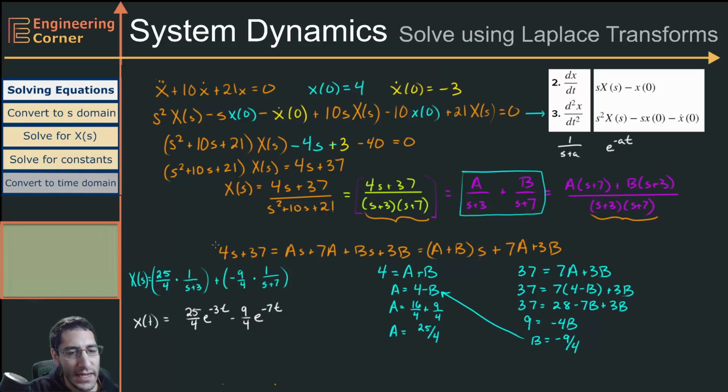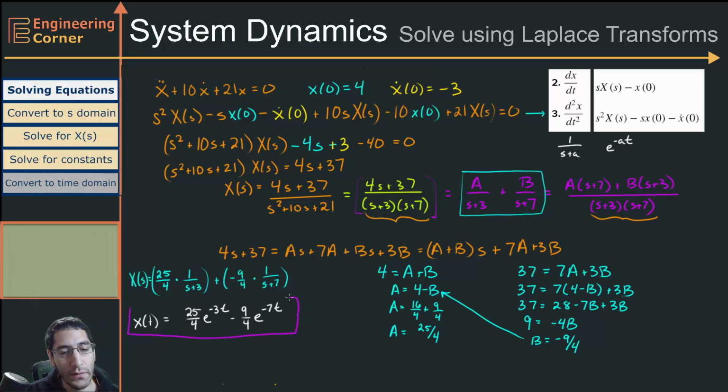I get this by keeping the coefficient, so that coefficient stays, and using this table entry to figure out that this turns into e to the minus 3t, and this turns into e to the minus 7t. So this becomes my answer.